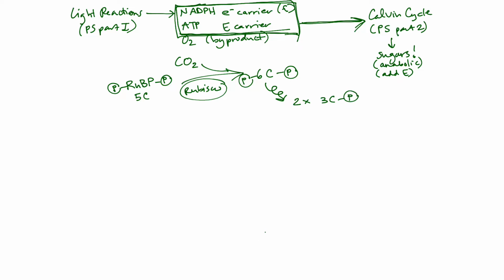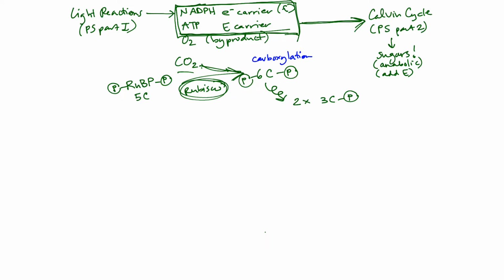This first part of the pathway is called carboxylation. We're adding CO2 onto RuBP with the help of Rubisco, and that's carboxylation. And Rubisco is actually the most abundant protein on Earth, mostly because it's pretty slow at doing this carboxylation step.